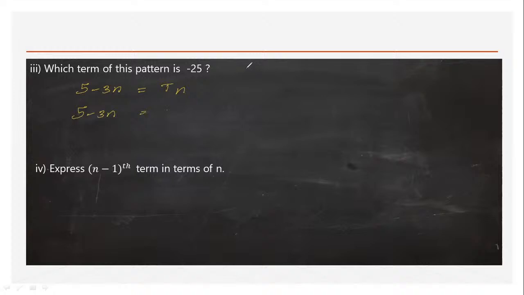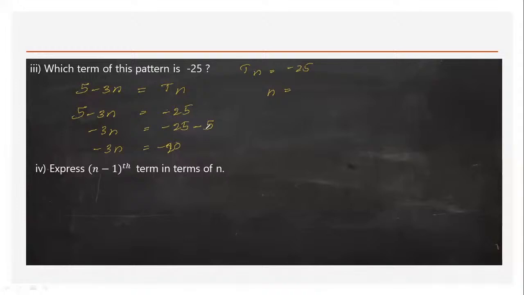It means Tn equals the given value, minus 25. Now substitute this value: 5 minus 3n equals minus 25. Minus 3n equals minus 25, borrow this plus 5 to the other side and it becomes minus 5.